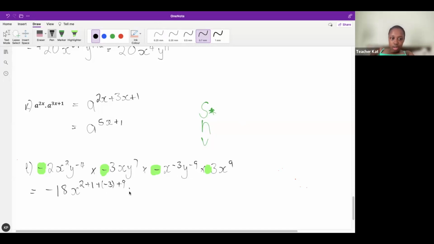Next, we have y's. So y to the power of what plus what? Give me the exponents that are added for y.